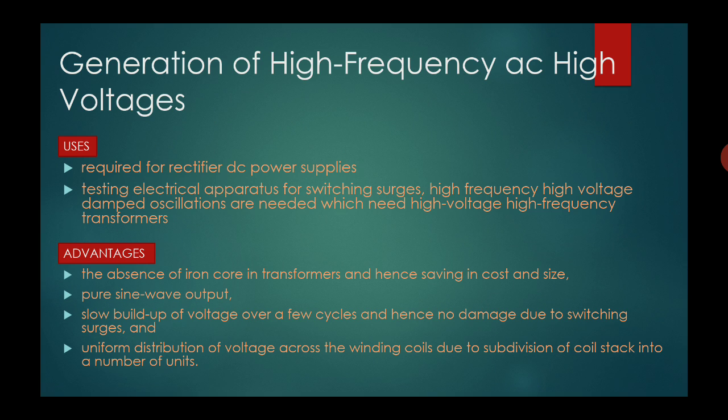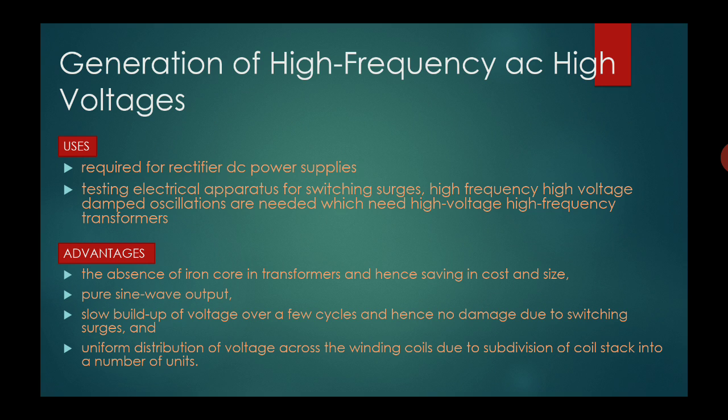These kinds of surges transmit through the entire power system. These surges have no particular frequency and most probably they have a very high frequency. So in order to test the apparatus for surge protection, these high frequency AC voltages are required.